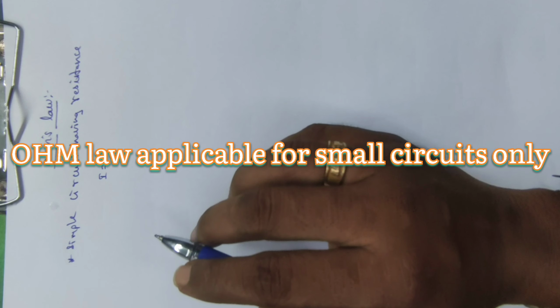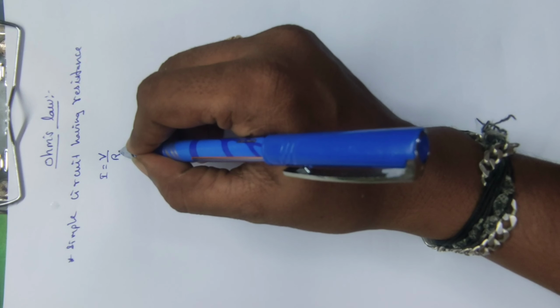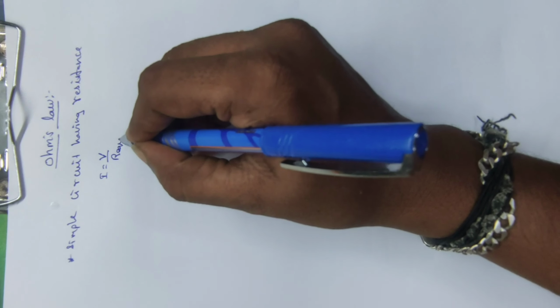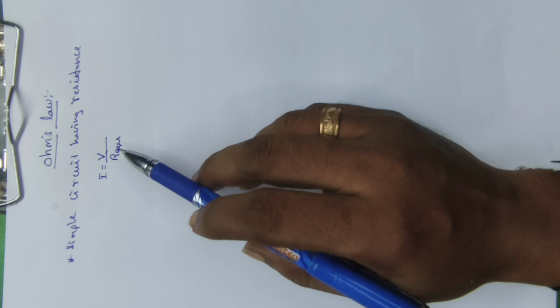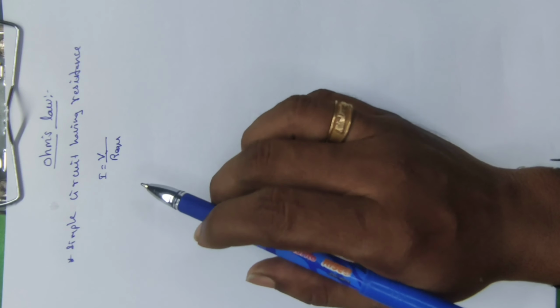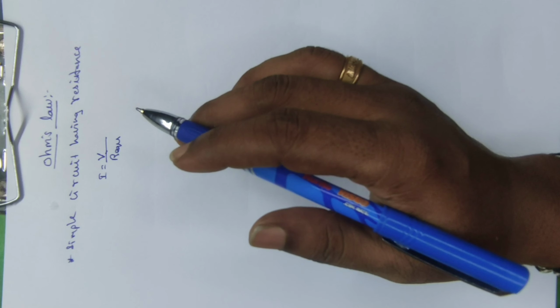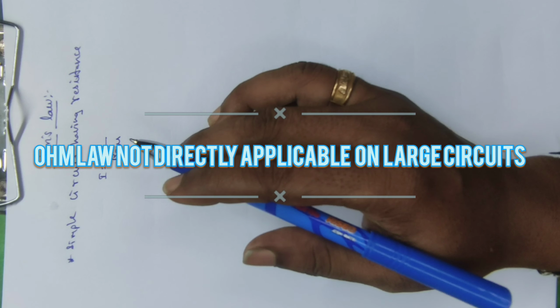But when you have a large circuit, instead of writing R, we need to introduce R equivalent. To determine this R equivalent, we must know the network reduction technique. So we can't directly apply Ohm's law to a complex circuit. A larger circuit will have n number of resistances.